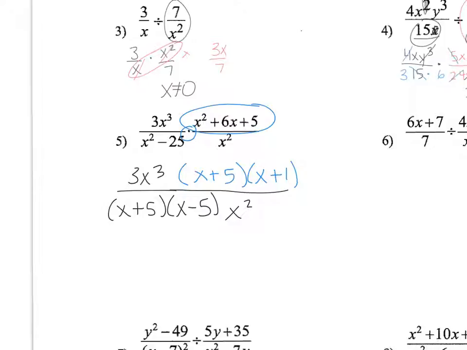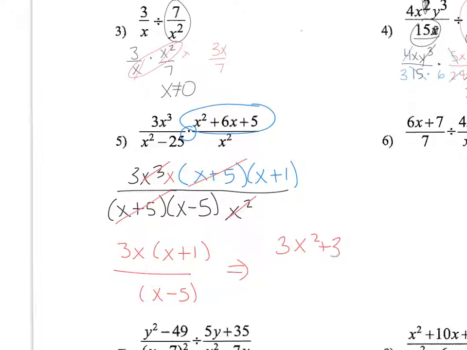So I can cancel out these two common factors, and then you have x cubed and x squared. That's just going to be an x on the top. So your answer is 3x times x plus 1 over x plus 5. Or you could expand this and write it as 3x squared plus 3x over x minus 5.